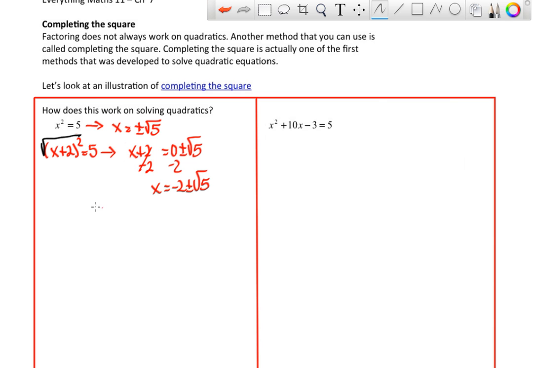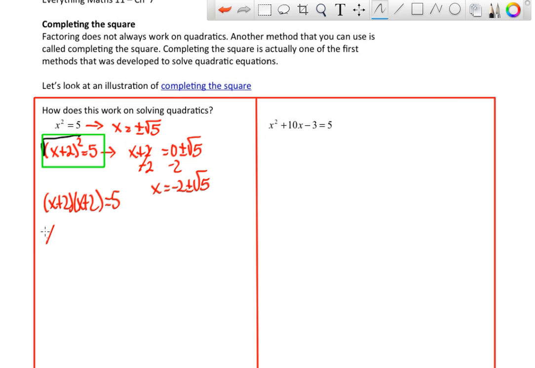So my question to you is, well, what did we really solve over here? What did I solve over there? So let's go back and FOIL that thing out and see what we have. So I had x plus 2 squared. That means I had this.